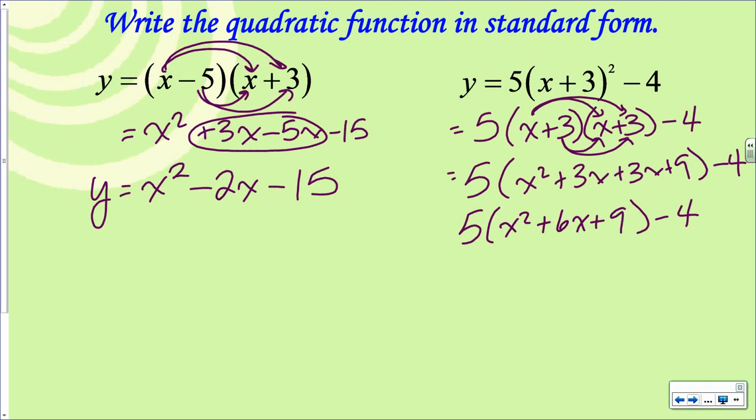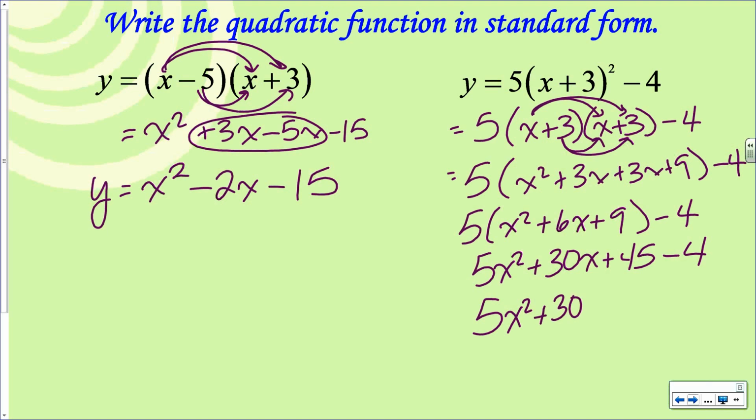Now I'm going to distribute my 5 through, right? So 5x squared plus 30x plus 45 minus 4. So the final answer should be 5x squared plus 30x plus 41. Right?